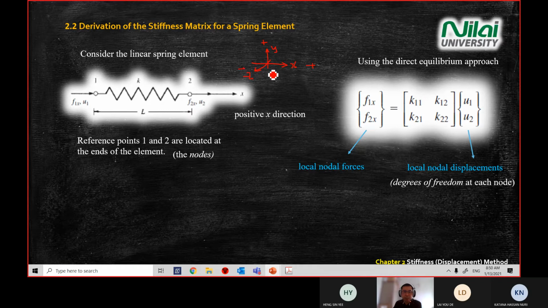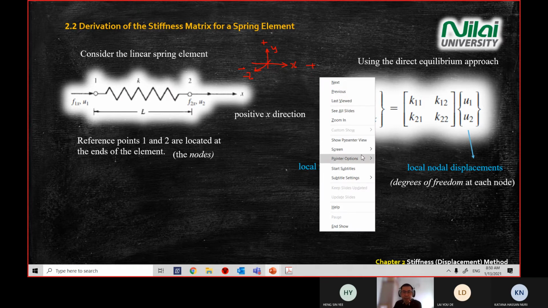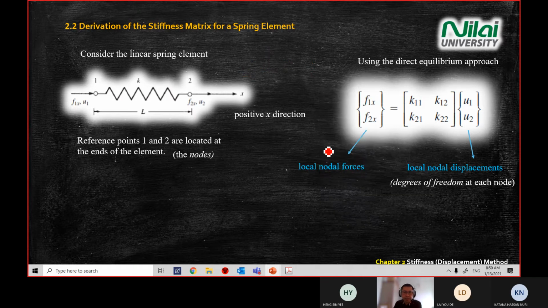So just take note, because later on, sometimes the force will be in another direction, then you get the negative. You'll see this in the example later on. Okay, we are clear with a simple system, a spring with 2 nodes, free to move around. It means that point 1 is able to move in one direction, point 2 is able to move in one direction.